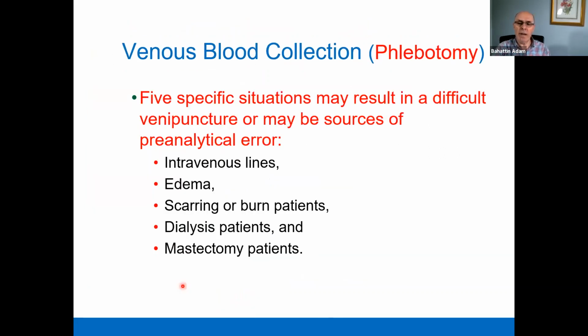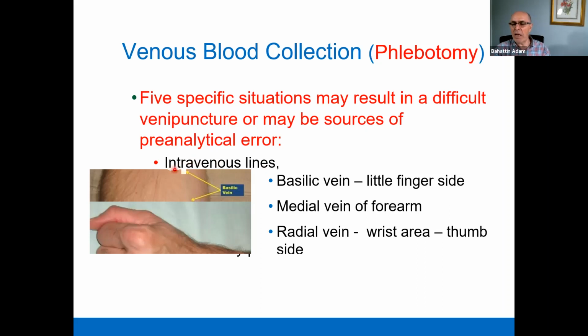Unfortunately, there are some specific situations that may result in a difficult venipuncture or may be a source of pre-analytical errors, such as intravenous lines. If the patient has intravenous lines, you shouldn't take blood from the site of the intravenous lines.